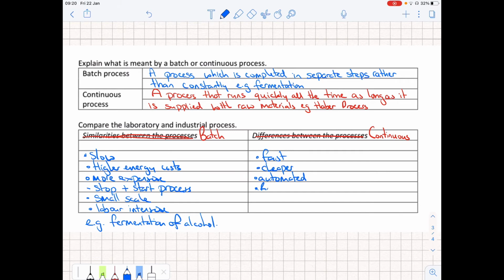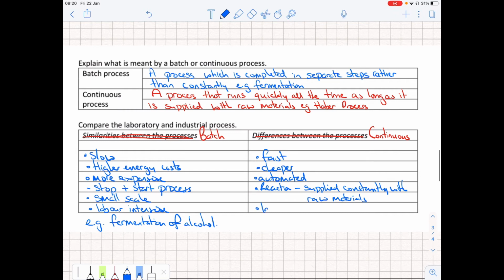For the reaction to work, it has to be supplied constantly with raw materials. So you have to be given the reactants required to the system in order to keep it working.